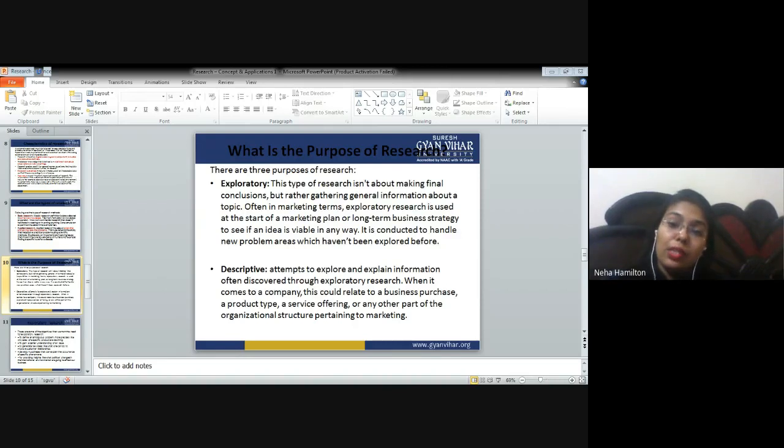But we need to understand that when we are talking about exploratory research, we are talking about a novel research, a new research, innovative research, or an area which has never been touched before. So that is basically exploratory research.